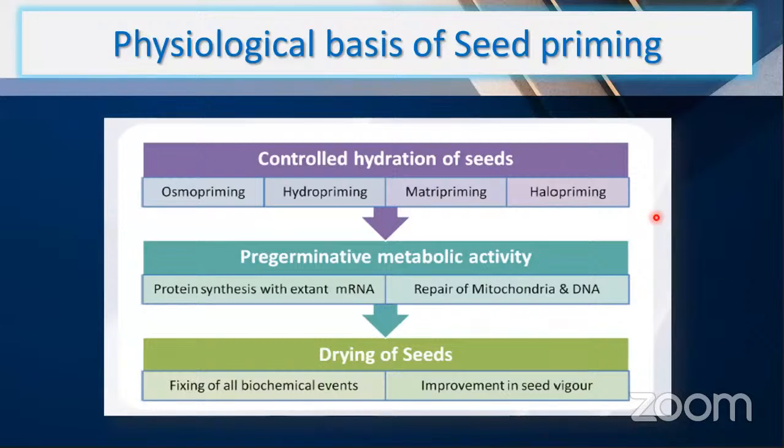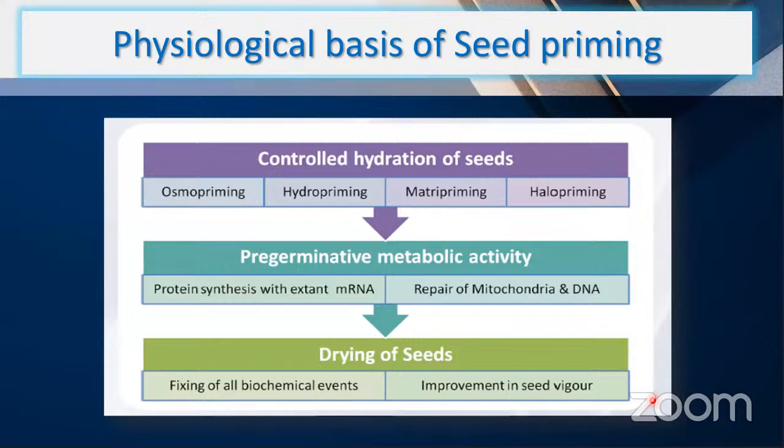If your seed is of low vigor before soaking, after this process it will be medium vigor. If it is of medium vigor before controlled hydration, after drying it will become high vigor. So one stage of improvement is visible in all the seeds wherever you implement priming.